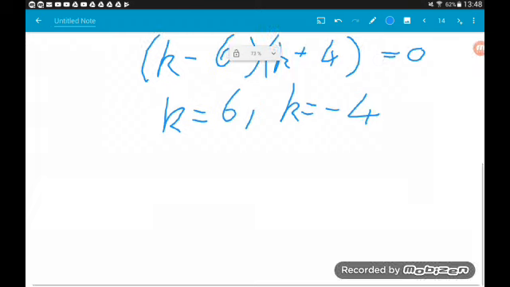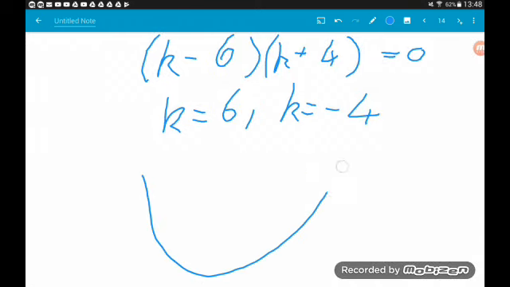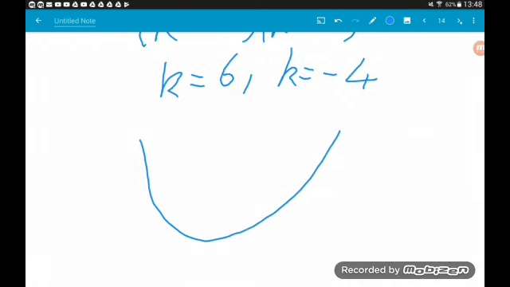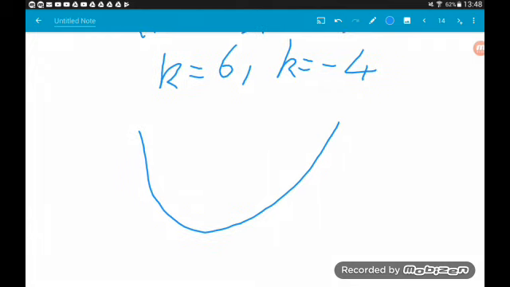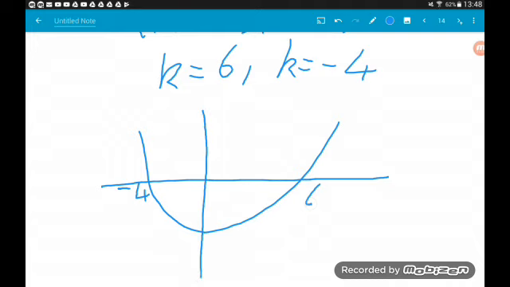So our graph is going to be a happy quadratic because we have a positive k squared. So we know this is minus 4 here, this is positive 6. So our y-axis can go in there like that. Now remember what we want.